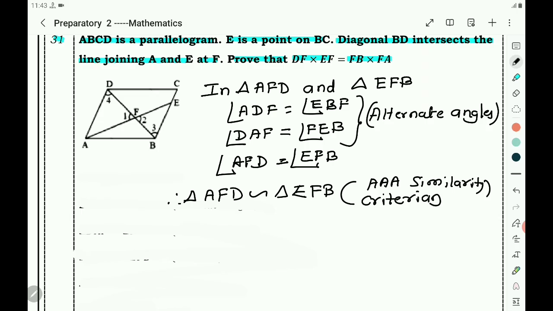Then you write the pairs of corresponding sides. AF by EF equals FD by FB.